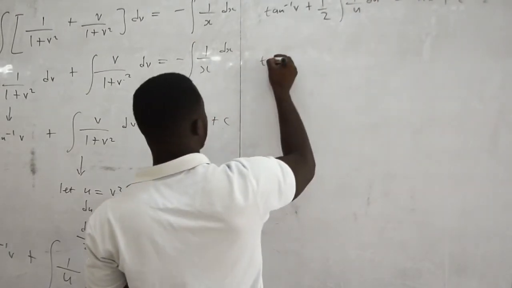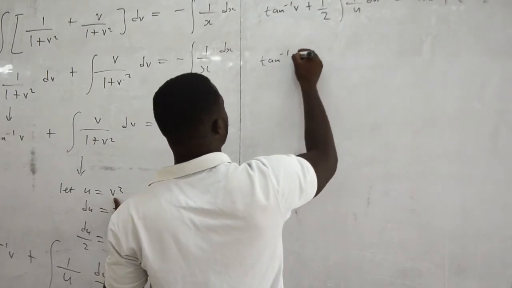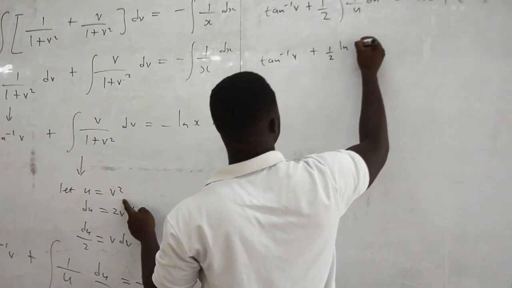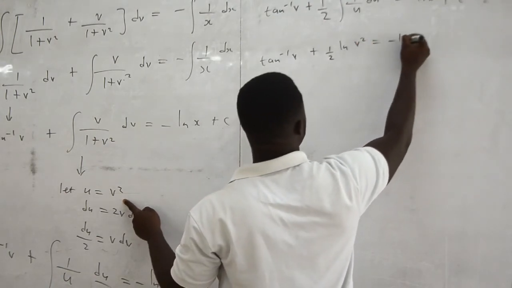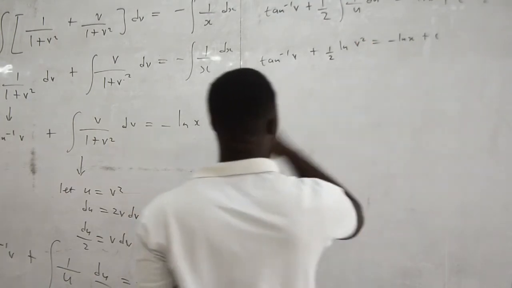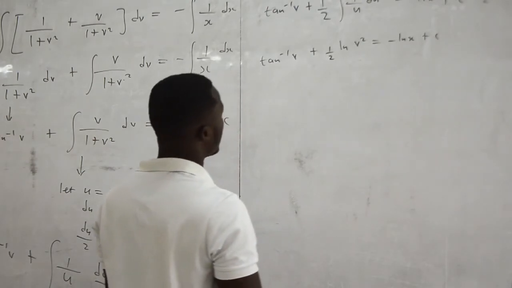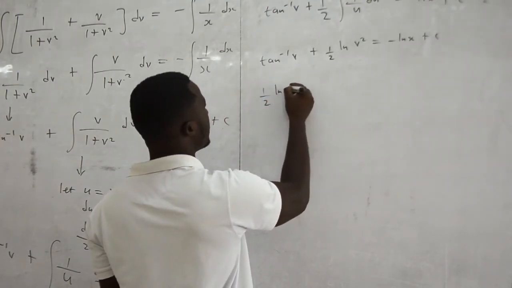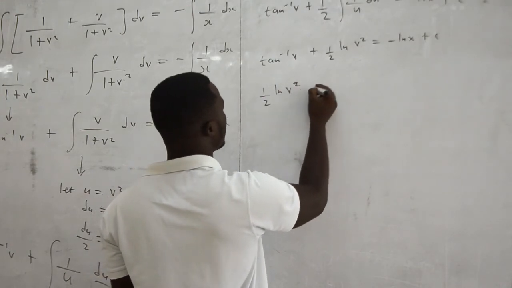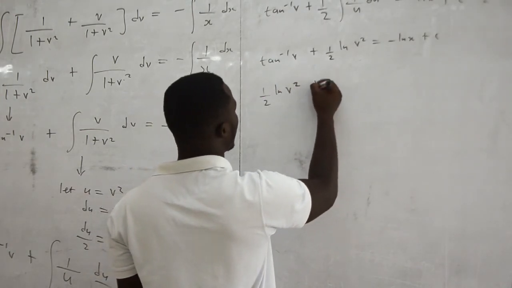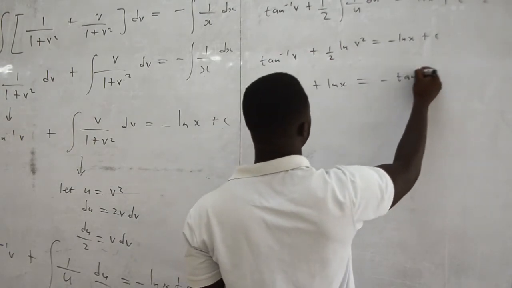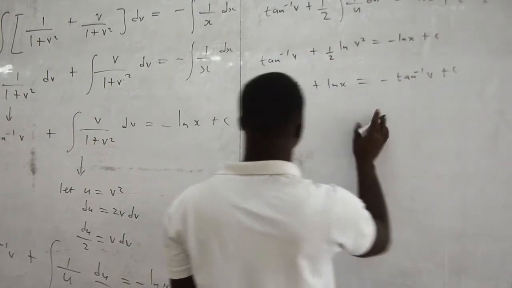So then I'll have tan inverse of v plus half ln v squared is equal to negative ln x plus c. Grouping all the logs to one side, we'll have something like half ln v squared plus ln x is equal to negative tan inverse of v plus c.